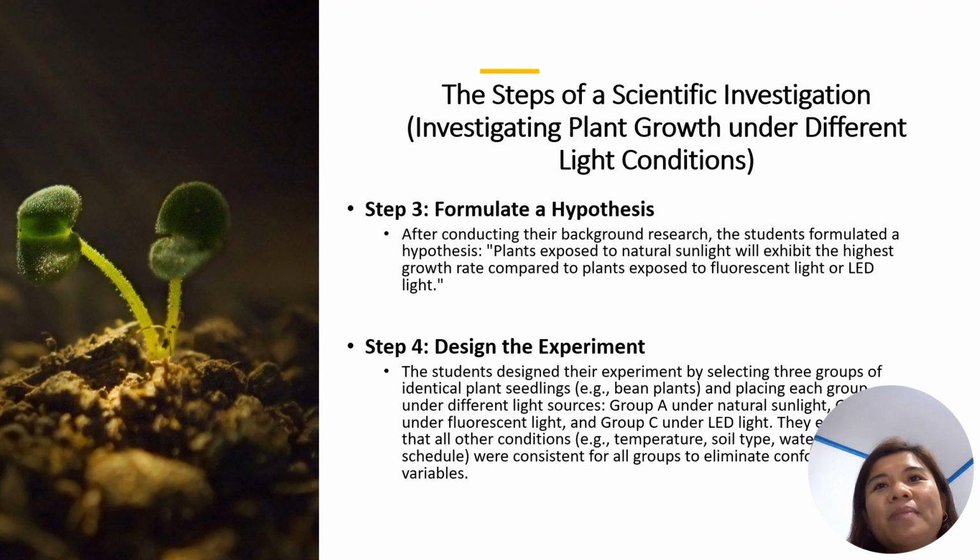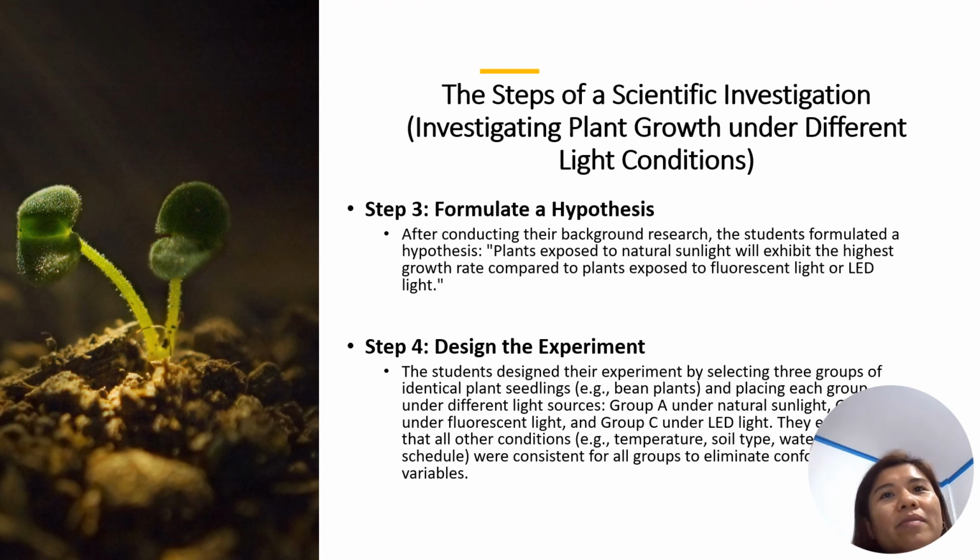For example, bean plants, and placing each group under different light sources. So group A under natural sunlight, group B under fluorescent light, and group C under LED light. So they ensure that all other conditions are the same, such as the temperature, the soil type, the watering schedule, to be consistent for all groups to eliminate factors not conforming to a fair test.